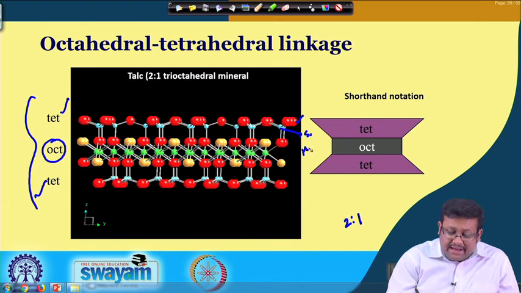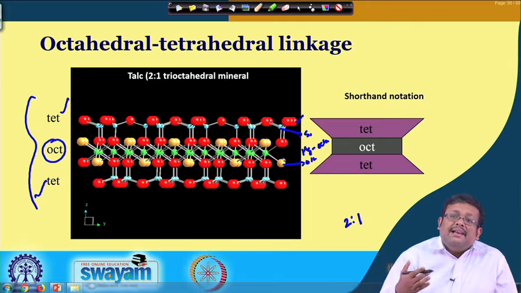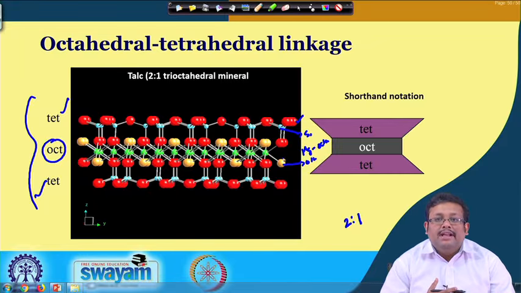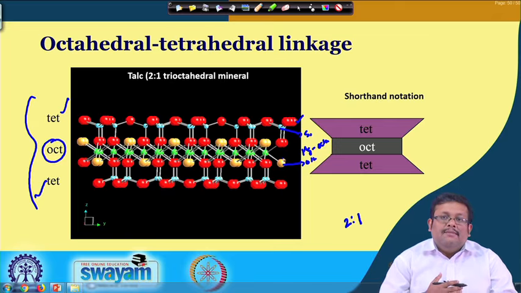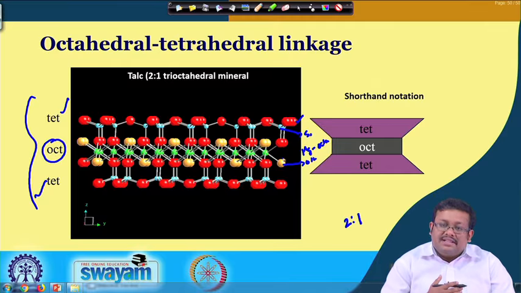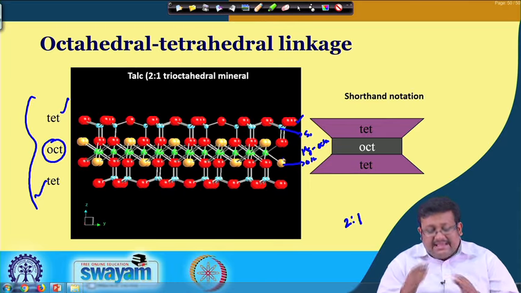This is a magnesium octahedra, and in it these yellow balls are hydroxyl, and these reds are oxygen. The tetrahedral sheet and octahedral sheet join together by sharing their apical oxygen, and as a result they form this 2:1 structure.